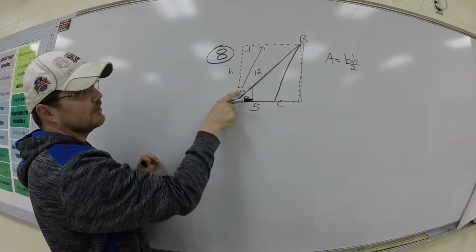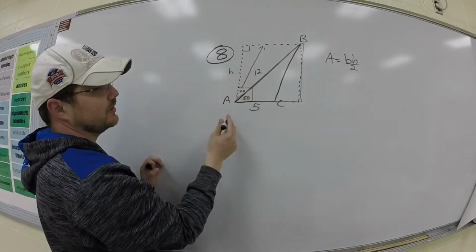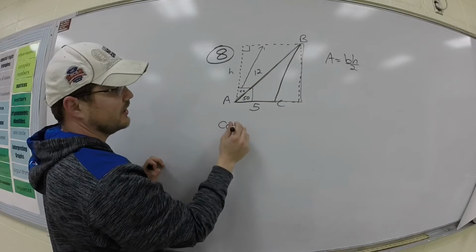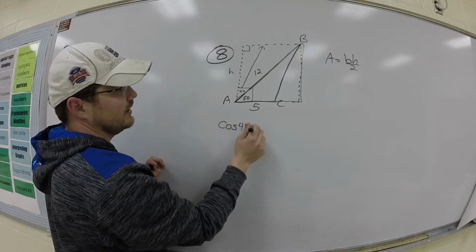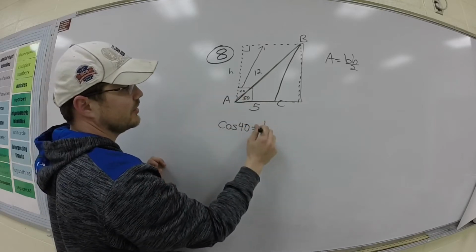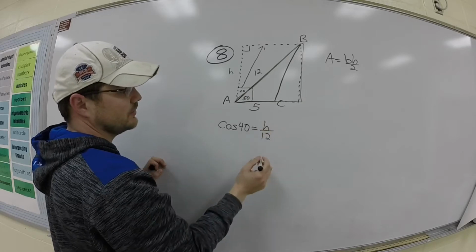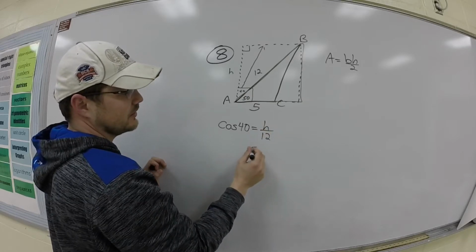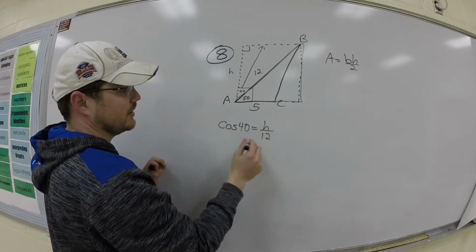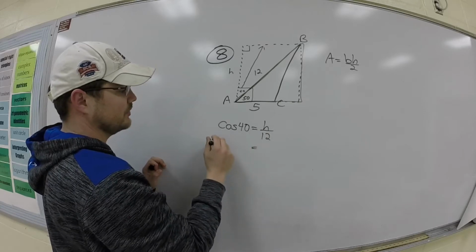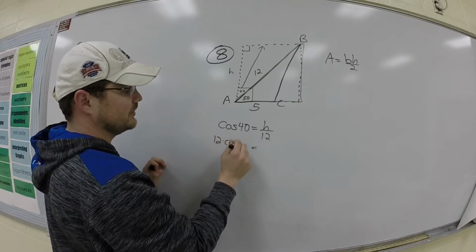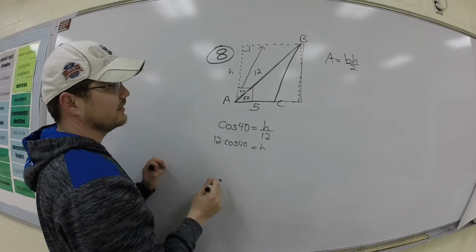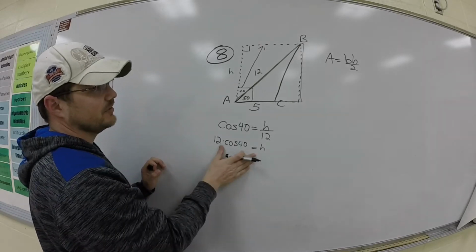Okay, so we're doing adjacent and hypotenuse, so it'll be cosine. So cosine 40 equals my height over hypotenuse. So getting the height by itself, multiplying both sides by 12, we'll get 12 times cosine 40 is my height. Okay, that's one option for the height.